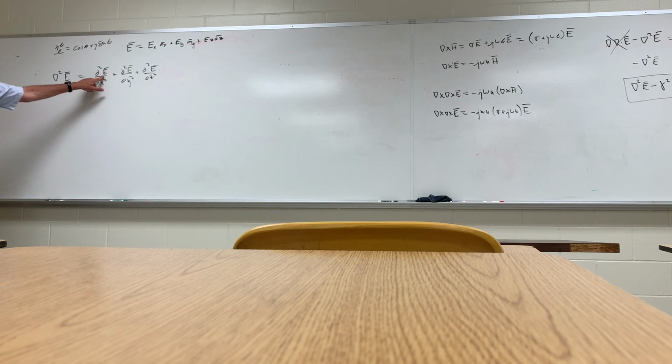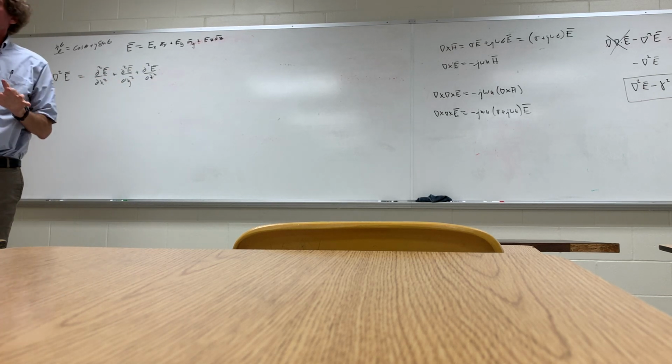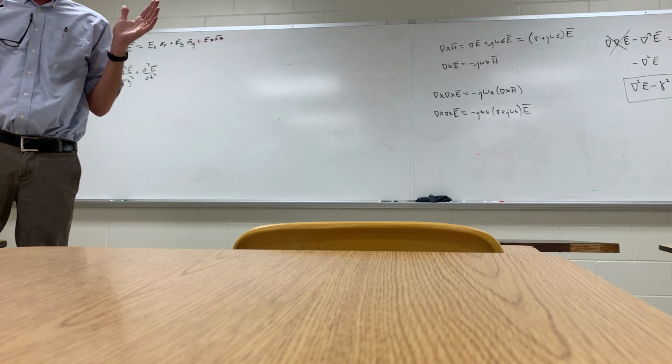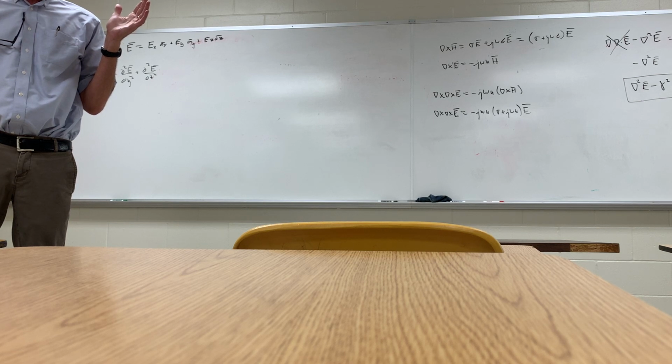Now I want you to take a look at this. There are three terms right here for E, right? So that means we have three terms in this second derivative with respect to x. Follow me on this, class? Three terms here, three terms here. That would mean nine different terms possible in that equation for the most general form of the solution. You're not going to find a closed form solution for that, not the general form.